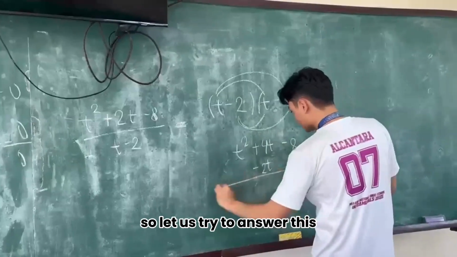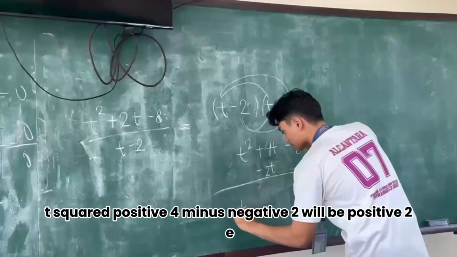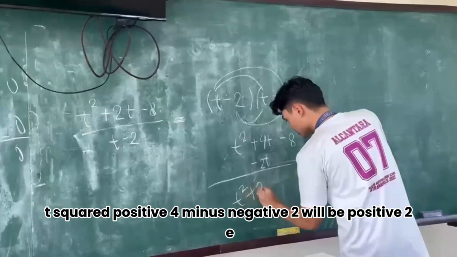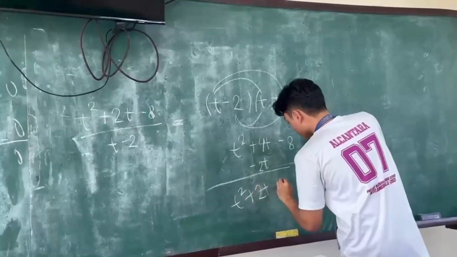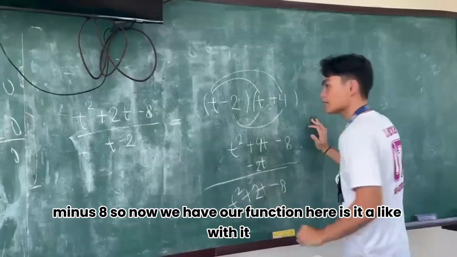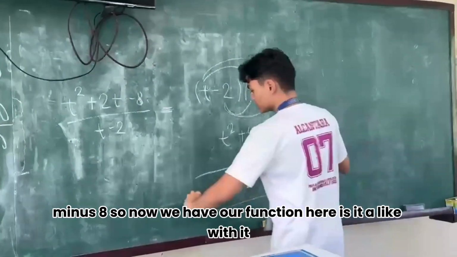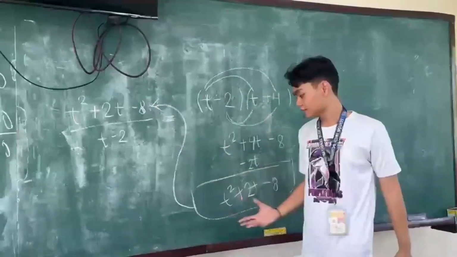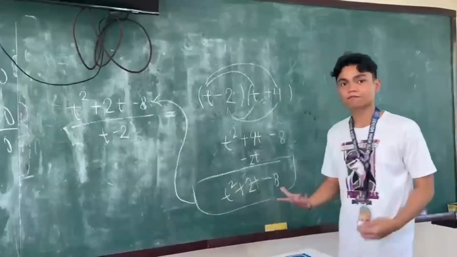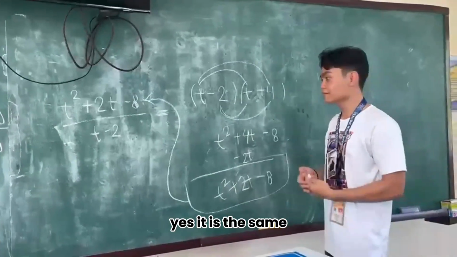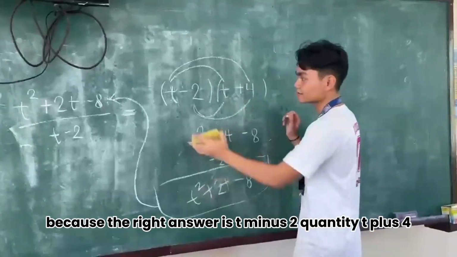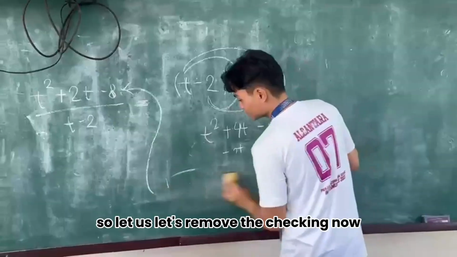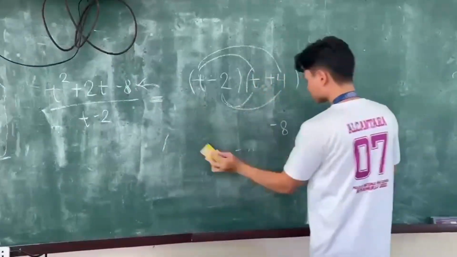So t squared plus 4t minus 2t will be positive 2t minus 8. Now, we have our function here. Is the function the same? Yes, it is the same, because the right answer is t minus 2 quantity t plus 4. So let's remove the checking now.